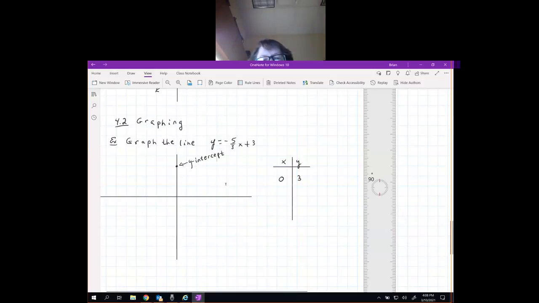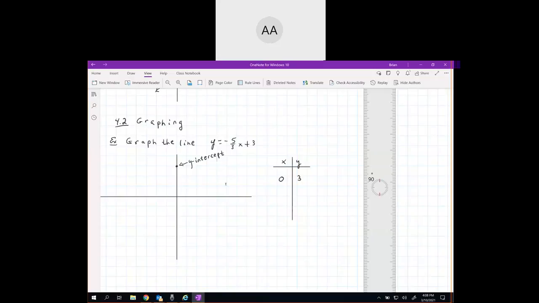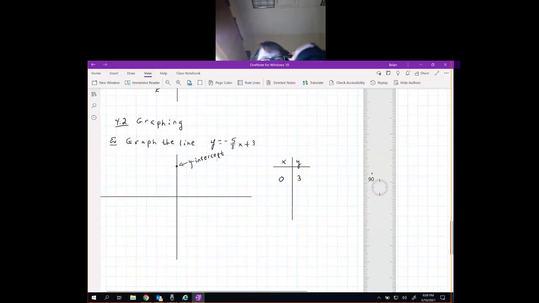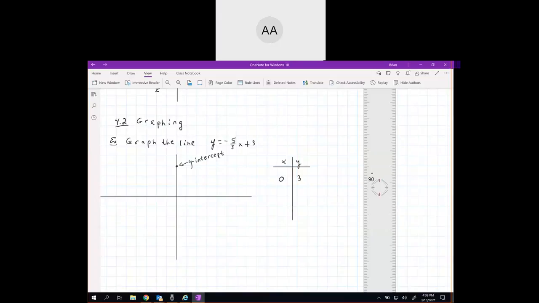Some fractional amount won't do any good on a graph. So knowing that fractions don't work well on graphs, can you give me a number that you might try for x that would make this fraction free? 3. If you try x equals 3, what do you get for y?